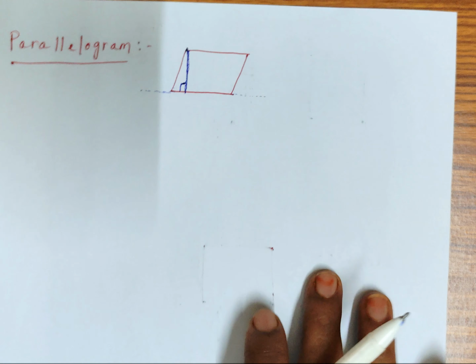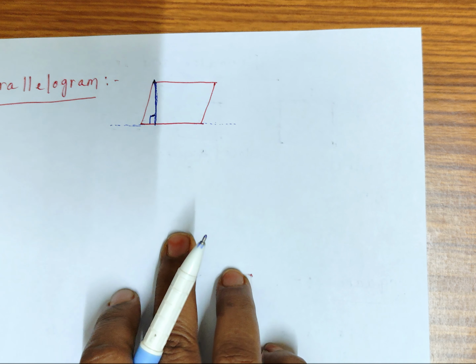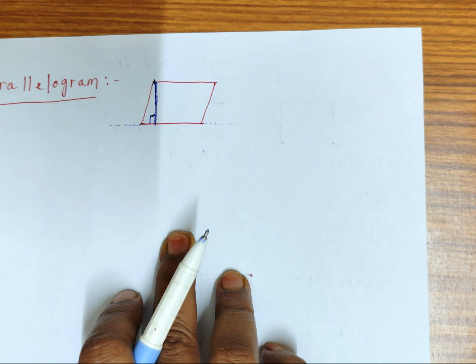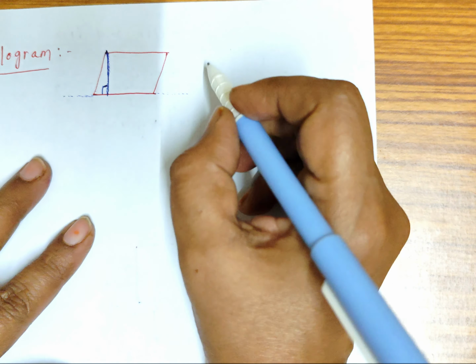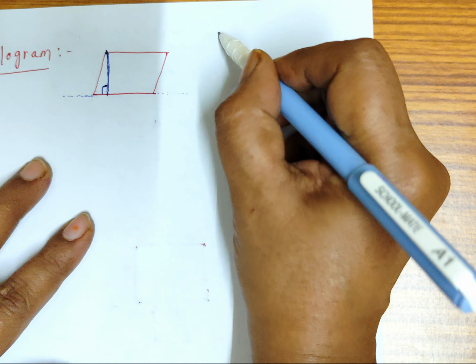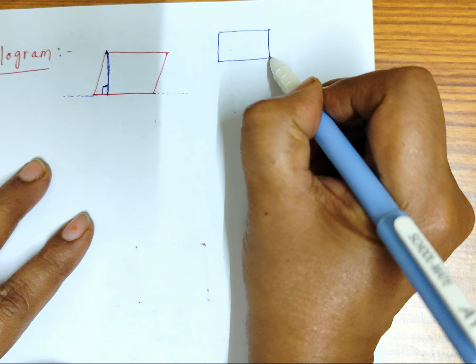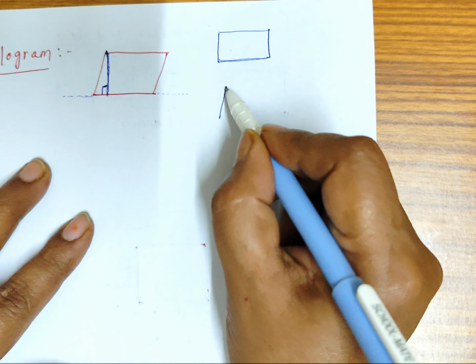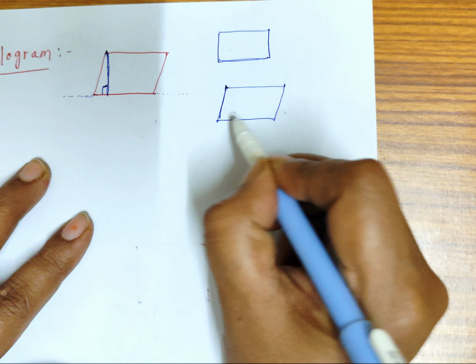Okay. Next we will see parallelogram. Perimeter and area of parallelogram. Before going to learn about the perimeter and area of a parallelogram, let's understand the difference between a parallelogram and a rectangle. See here, this is a rectangle and this is nothing but our parallelogram, right?